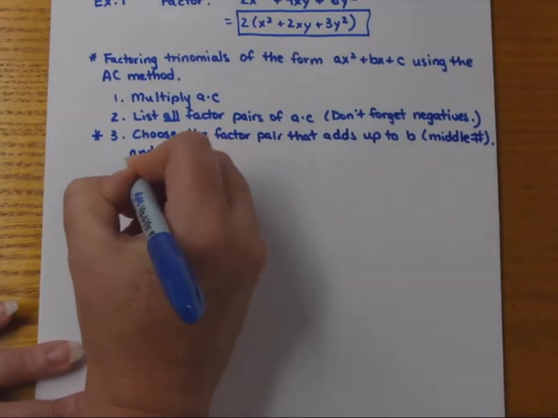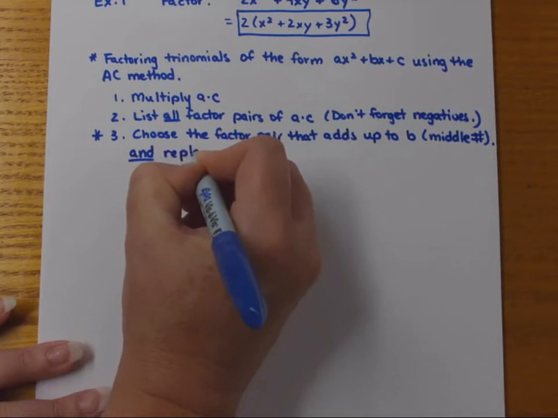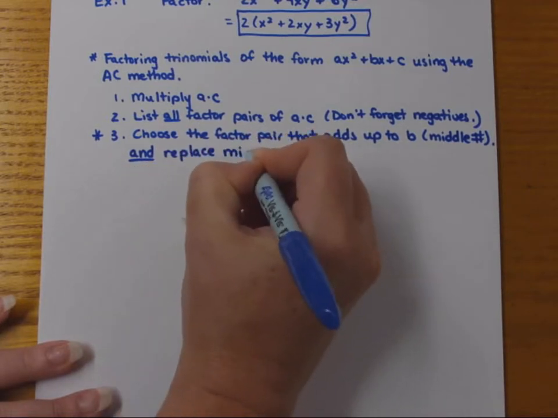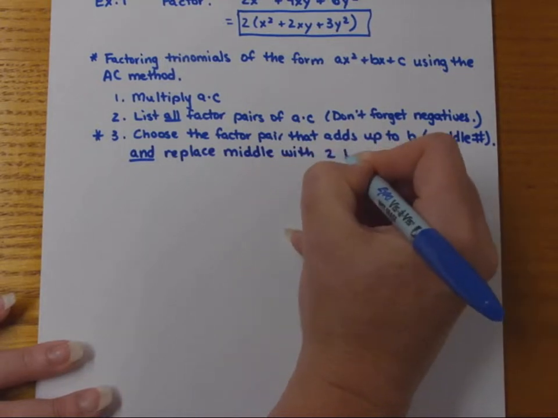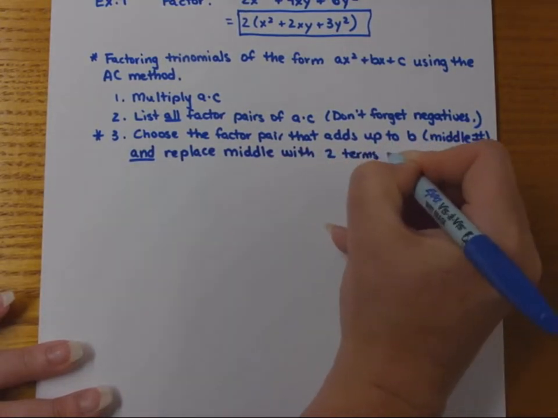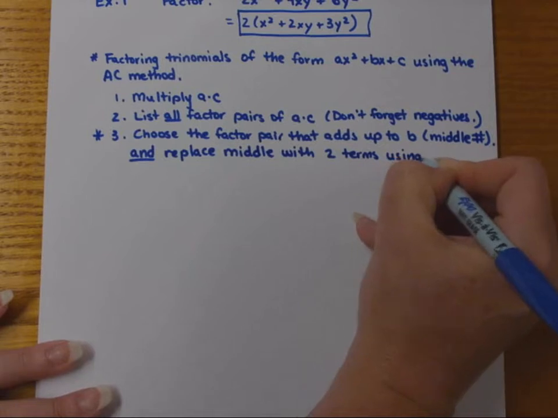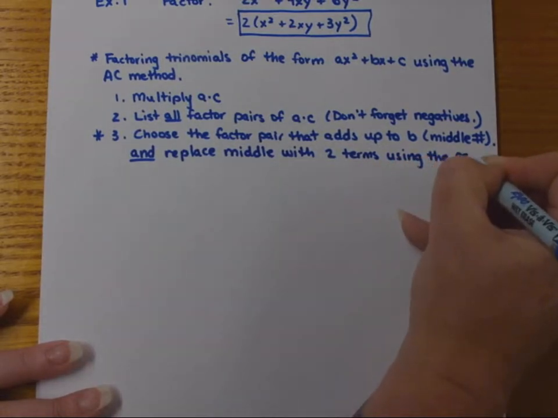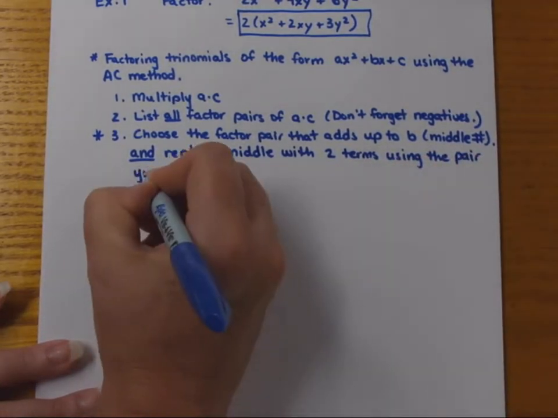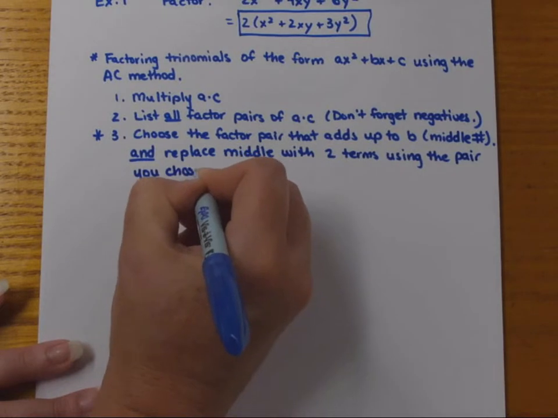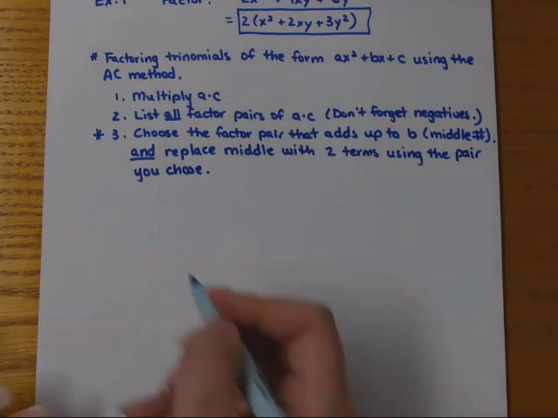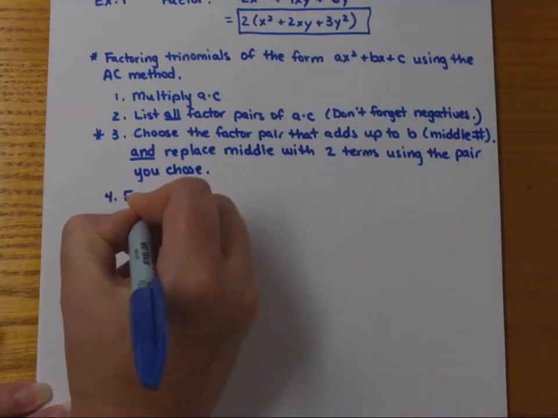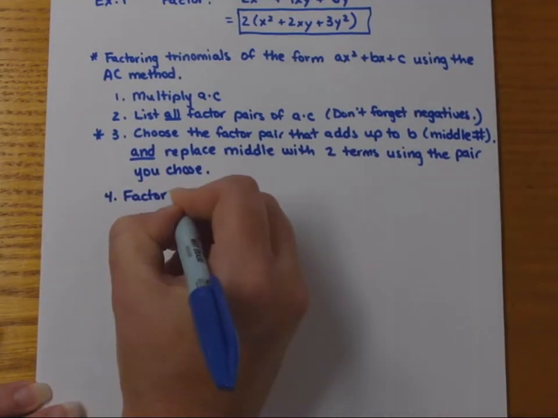And I want you to replace the middle term with 2 terms using the pair you just chose. So you're going to be expanding out your original expression and splitting that middle single term into 2 terms. And then last but not least, you're going to do a process called factoring by grouping.